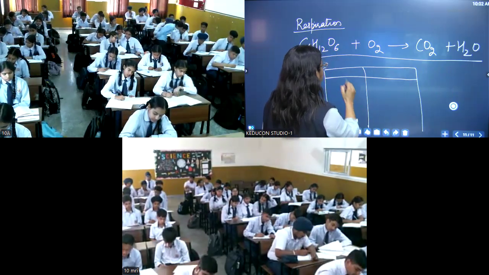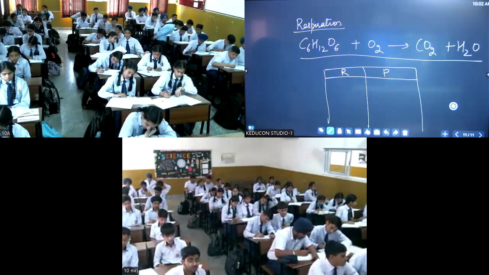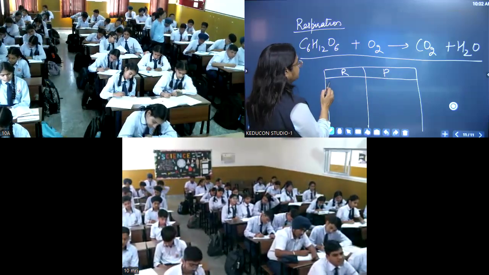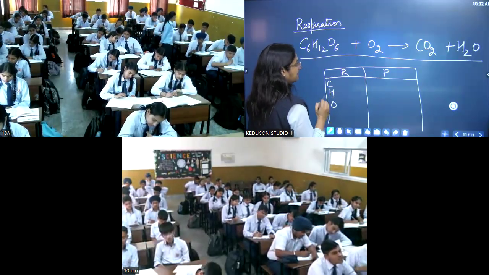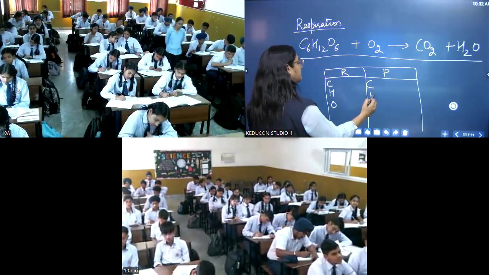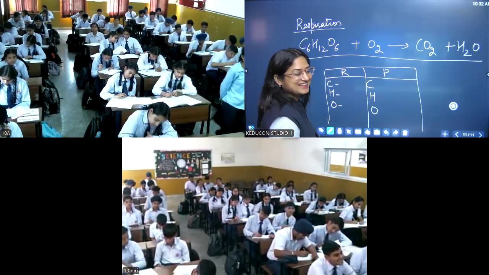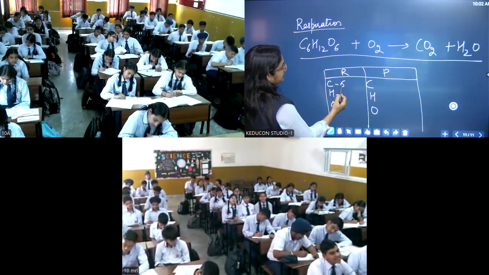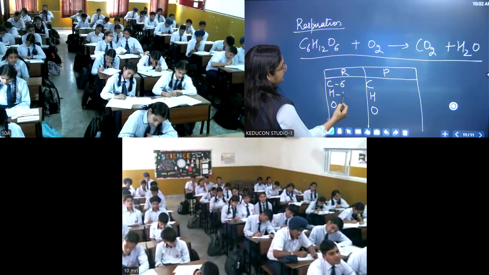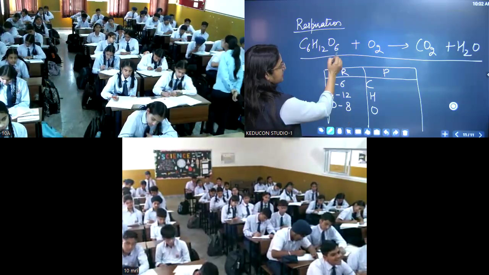We have reactants on this side and products on this side. What elements do I have here? Carbon, hydrogen, oxygen. And here also carbon, hydrogen, oxygen. Okay. Number of carbon here: 6. Hydrogen: 12. Oxygen: 8. 6 here, 2 here, right?